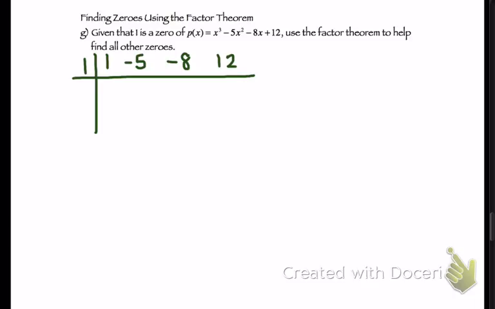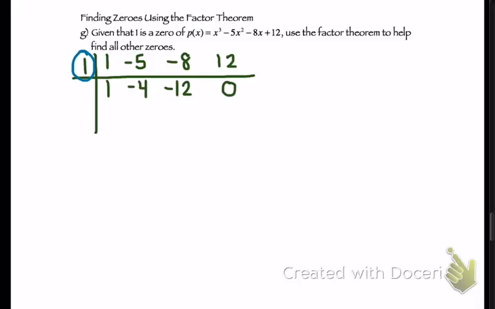Synthetic division, you should be experts at this point. Bring down that first number, multiply, add. So I'm just going to get right to it. So because I got a remainder of 0, that tells me that this positive 1 is obviously a factor, or it is a 0. Well, I gave you in the problem that it is a 0, so I better have gotten a 0 remainder, and voila, I did.